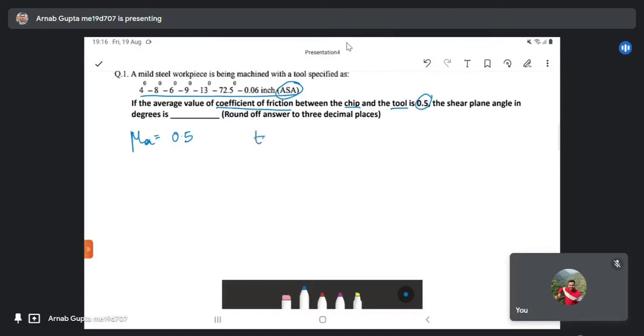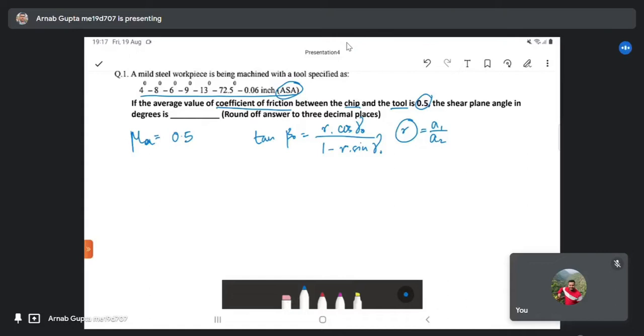We already know this particular relation for shear plane angle. But we can't really use this equation here because we don't know the value of r. r is nothing but 1 by zeta. Since we don't know r, we have to think about the problem in a different way.